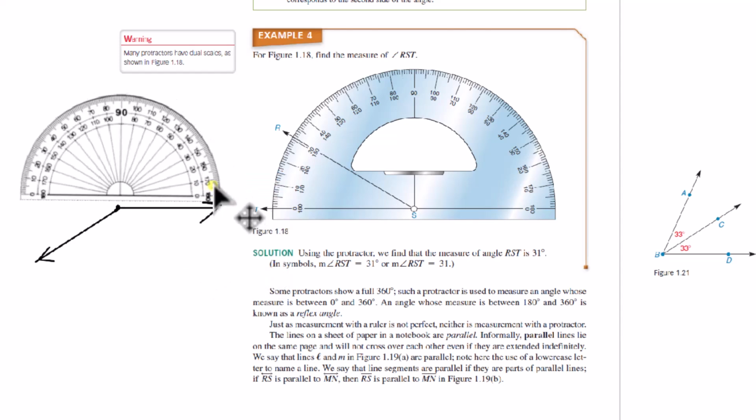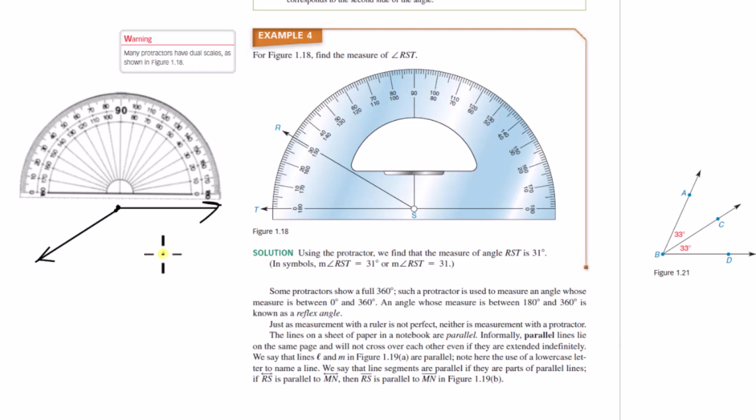Because the idea is that going from here to here is 180. So you kind of temporarily extend this line here, and then you do this.